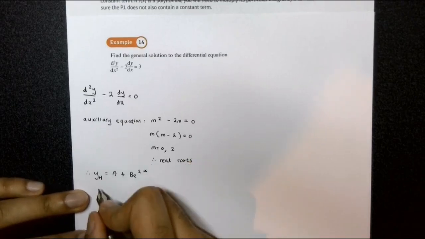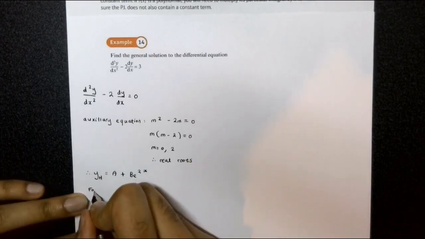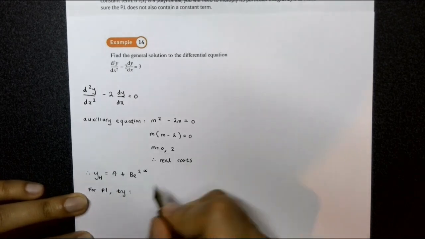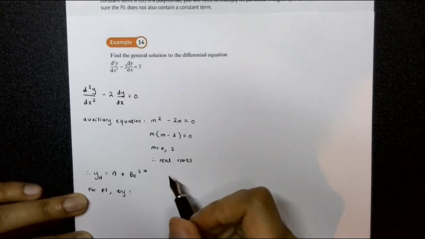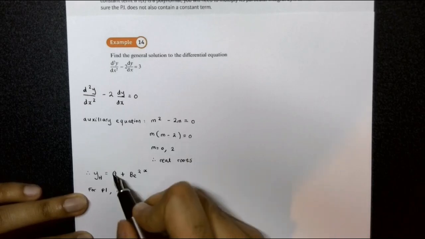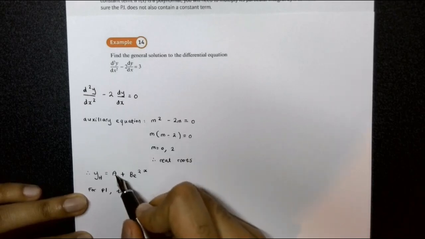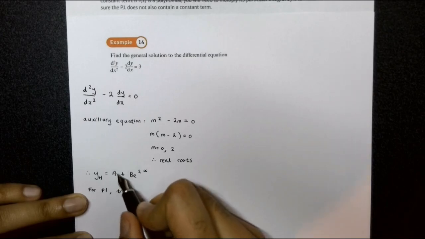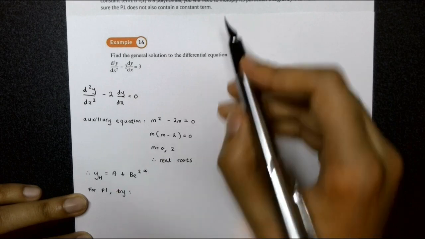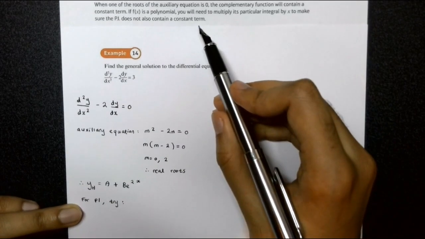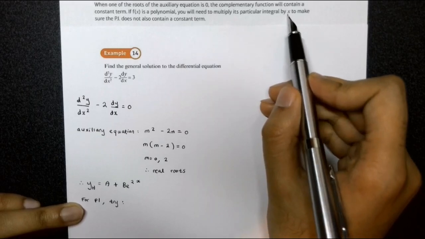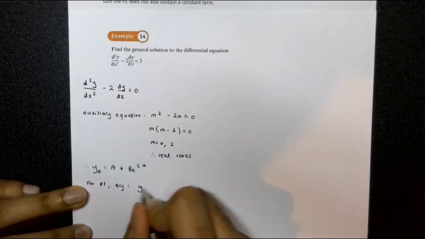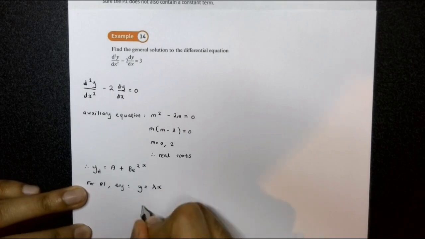And now for the particular integral, you'll notice we can't just try y equals lambda, because the homogeneous equation contains a constant term as well. And as we said over here, in that situation, we multiply the particular integral by x. So for the particular integral, we will try y equals lambda x.